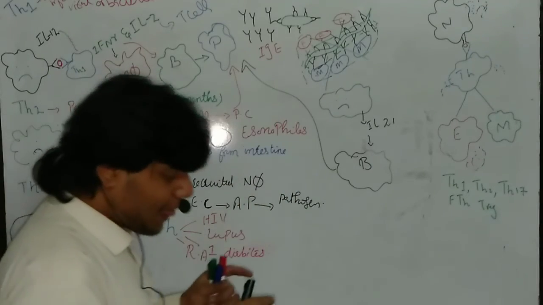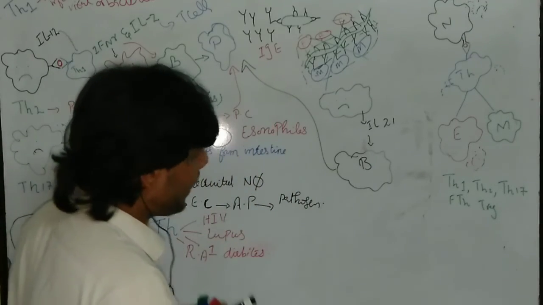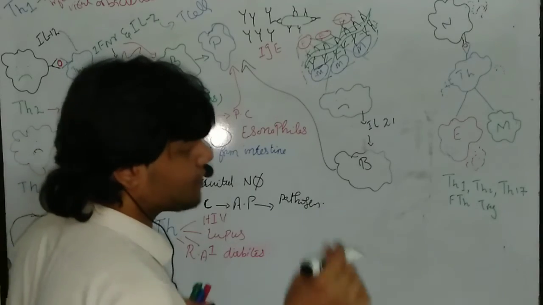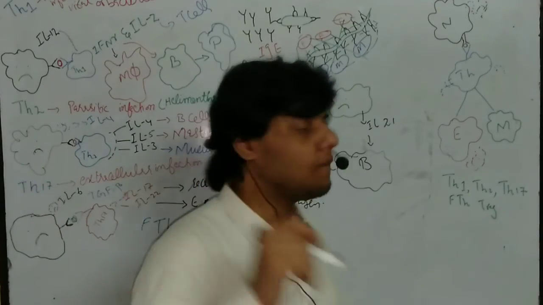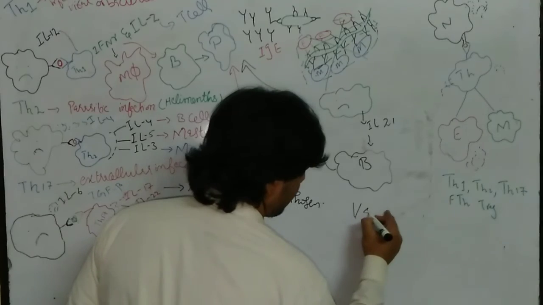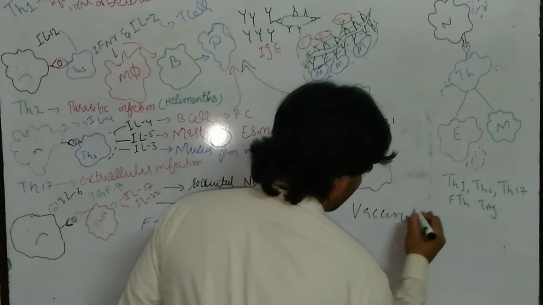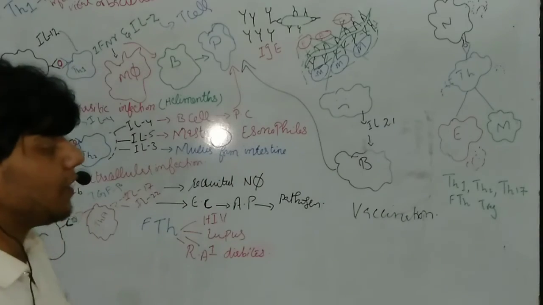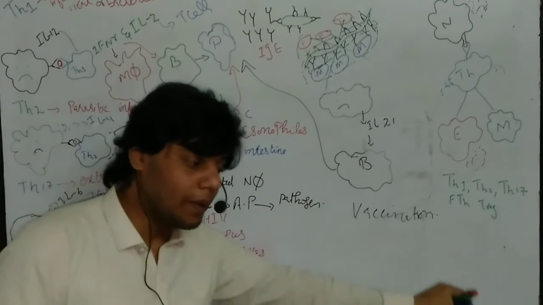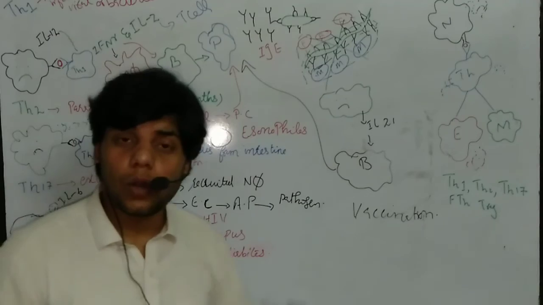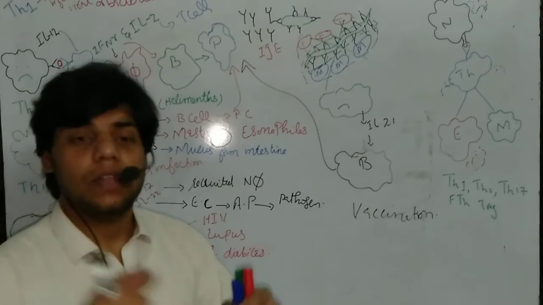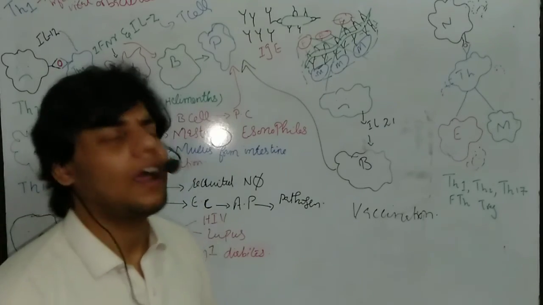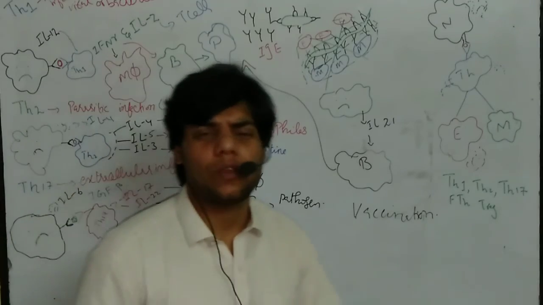so we can say that these follicular helper T cells are also important for vaccination. It means if any kind of infection occurs, then we will take the blood of each patient, and then we will remove the serum, and after that we will use it for the vaccination process.